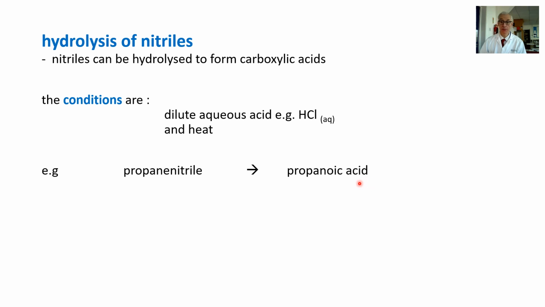So having made propane nitrile, propanoic acid can then be made from the nitrile. If we look at the equation, there is propane nitrile, there's some water, there's HCl from the hydrochloric acid. Pause and complete the equation. Come back when you are ready to check your answer.